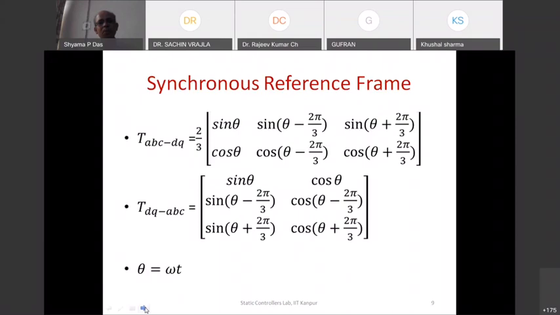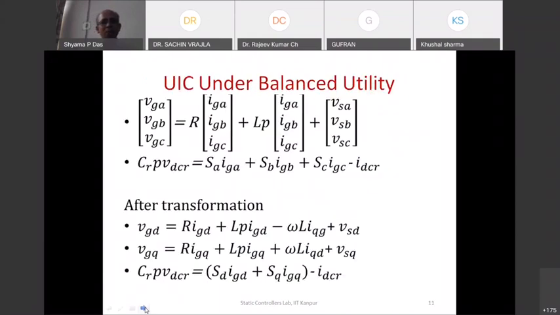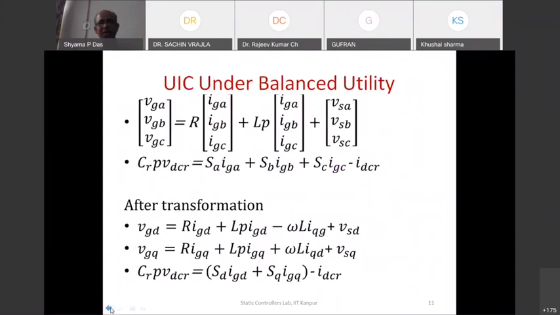Next slide, please. So after the transformation, we get the speed terms minus omega L IDQG plus VSD. The VSA, VSB, VSC are converted to VSD and VSQ.